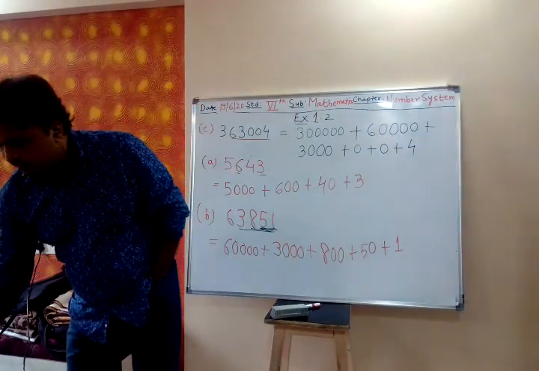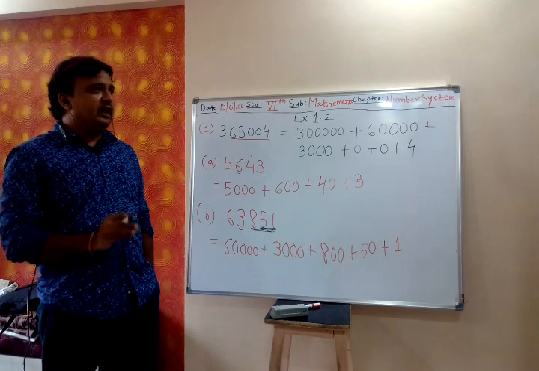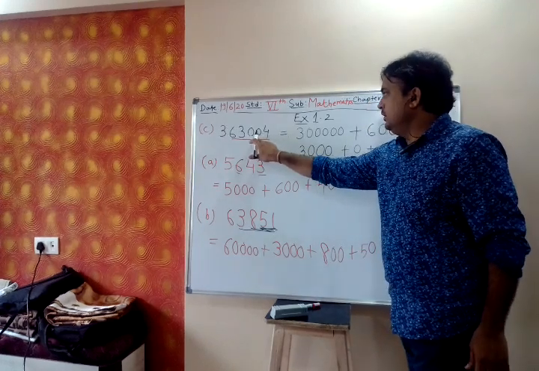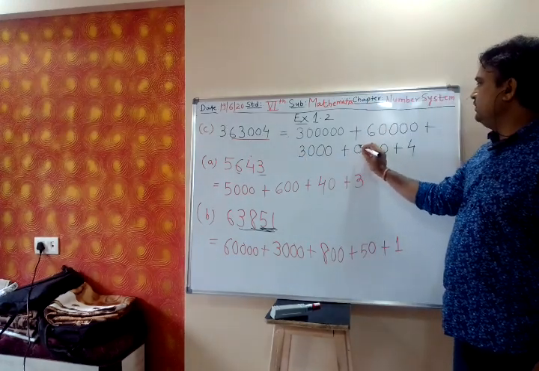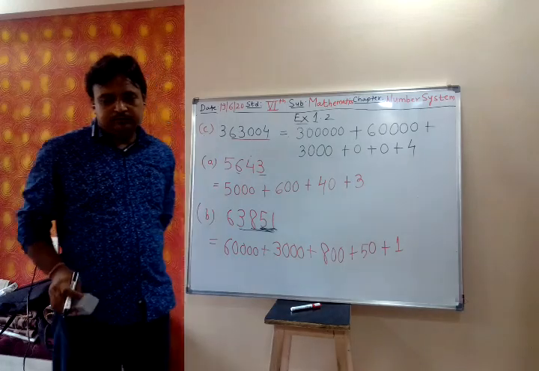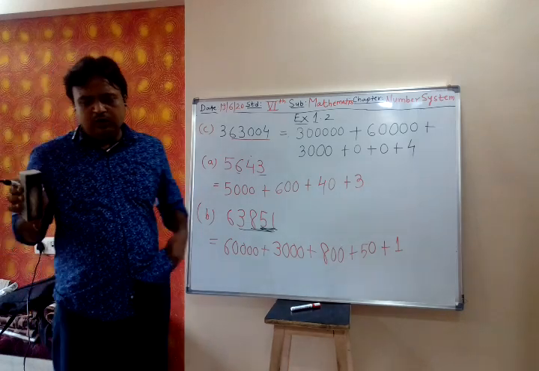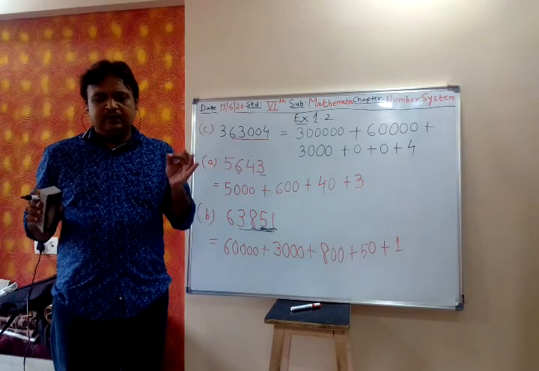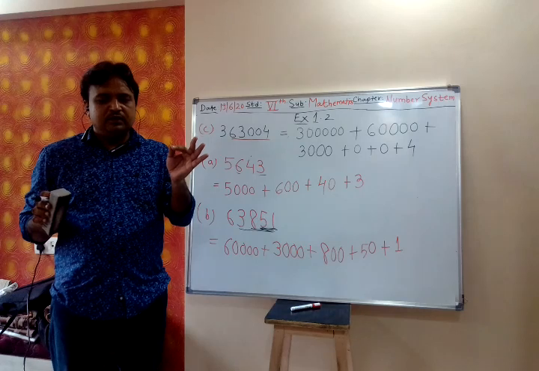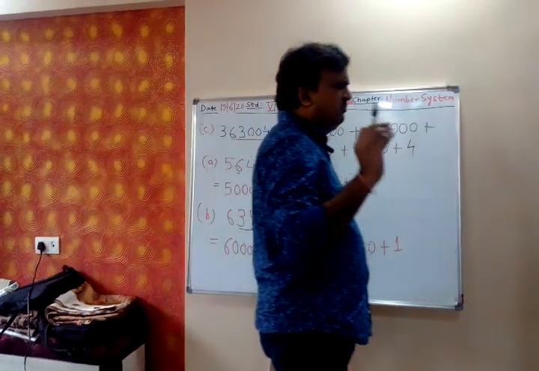In expanded form, instead of writing several zeros, I will simply write plus 0. Instead of writing 0 0 0 or 0 0, I will simply write 0. Instead of writing 3 times 0, 2 times 0, you write simply 1 time 0.